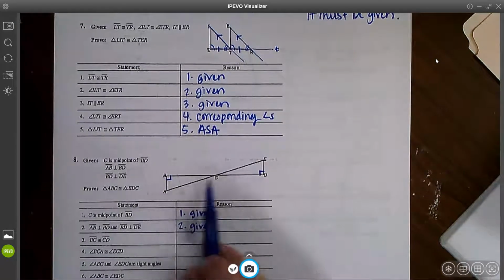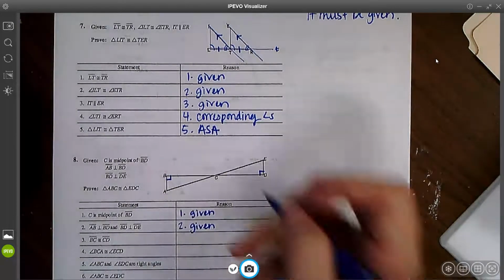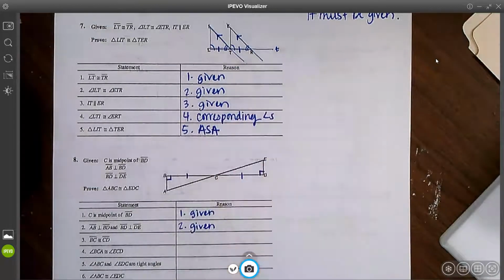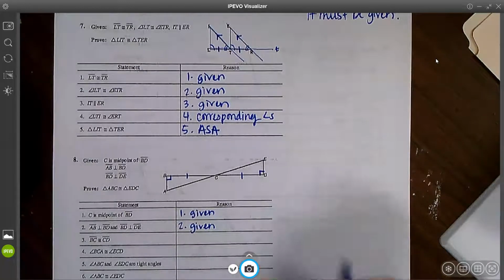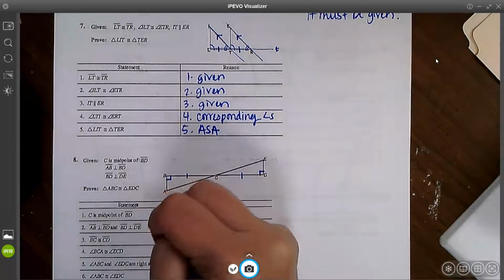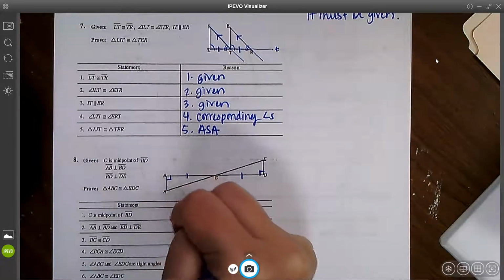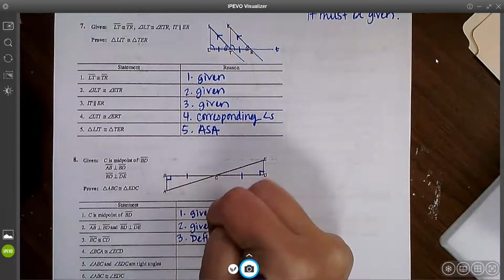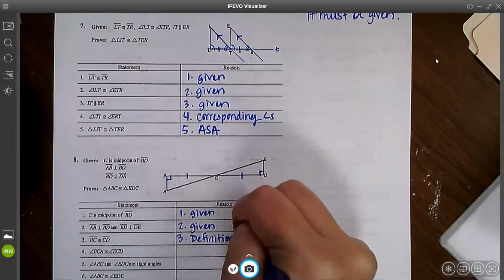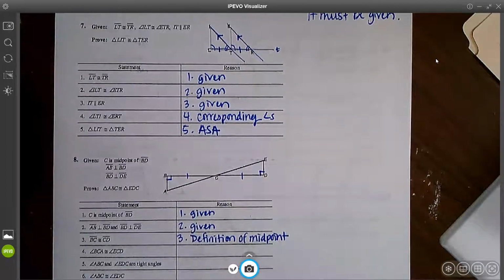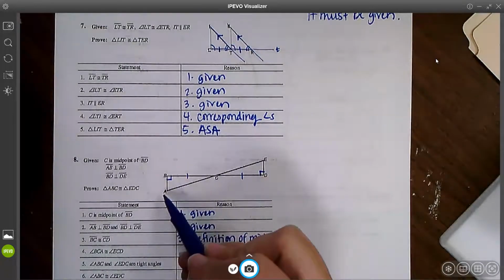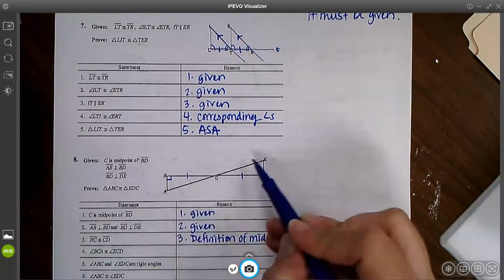BC is congruent to CD. Well, if C is the midpoint, then that means it breaks this into two congruent pieces. So BC has to be congruent to DC by the definition of a midpoint. Angle BCA is congruent to angle ECD.